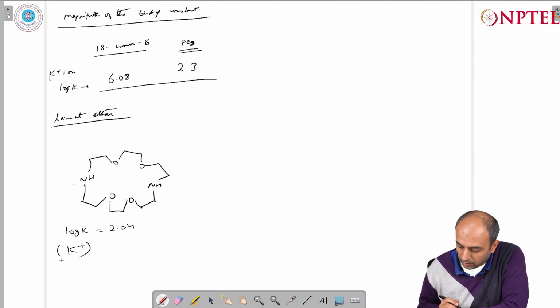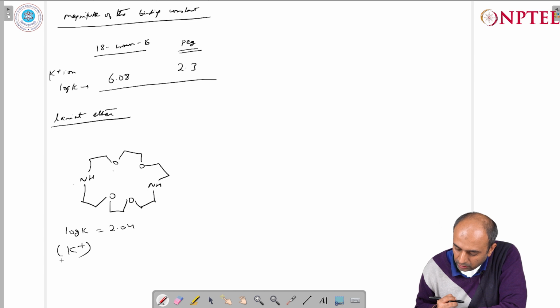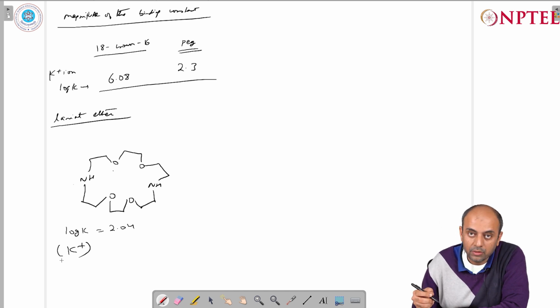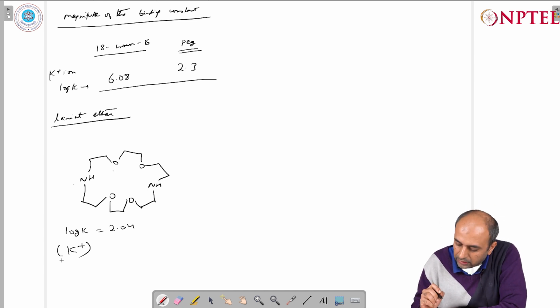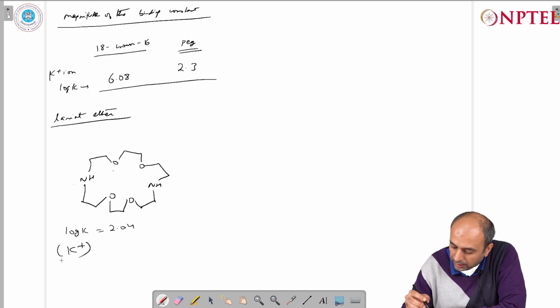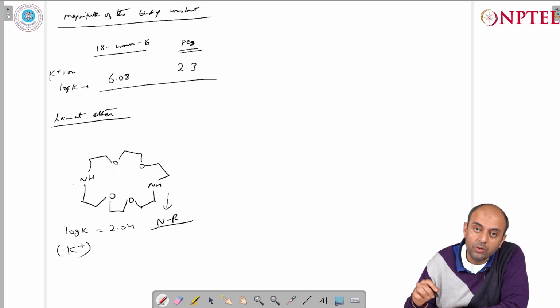Then the scientists thought, can we increase the magnitude of the binding constant by modifying the NH group? Synthetically this is done by replacing the NH by NR, where R also has donor atoms.